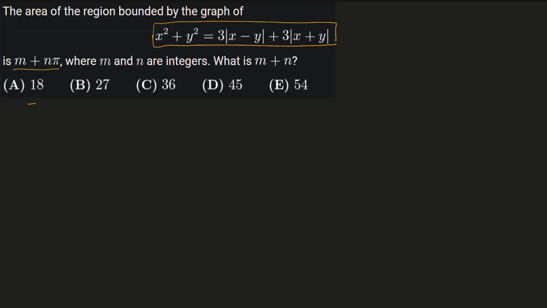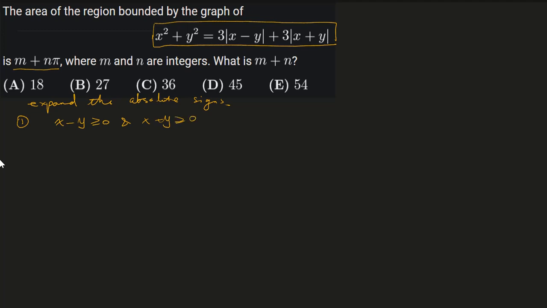So first of all, we want to expand the absolute signs, right? Therefore, we have to do the casework. We have to expand the two absolute signs one by one, and then consider the different combinations. So in the first case, we have x minus y greater than or equal to 0 and x plus y greater than or equal to 0.